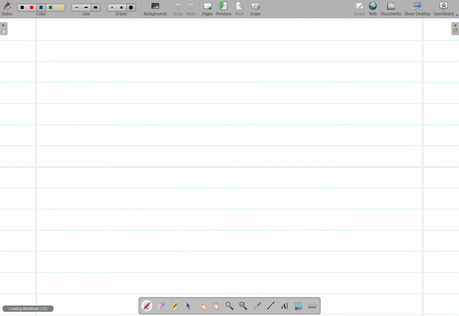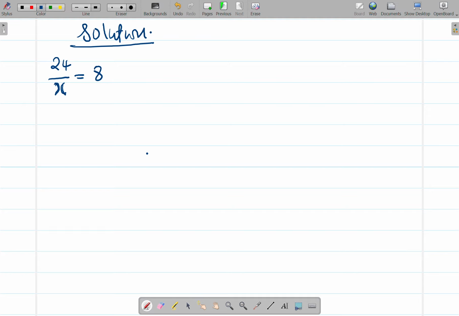Solution: 24 over x is equal to 8. Take note here that on the left we have a fraction, on the right we have just a number, so we have to make both of them fractions.